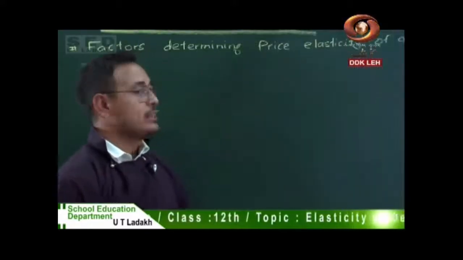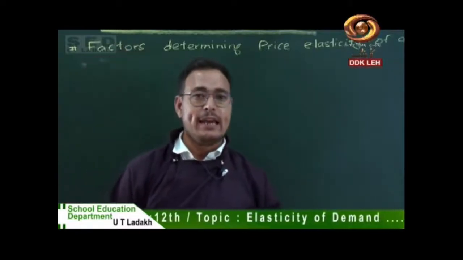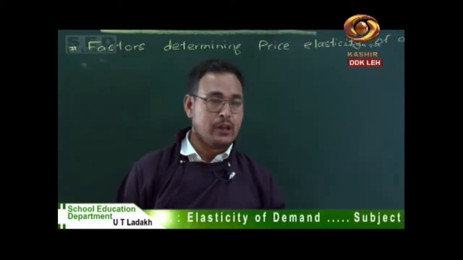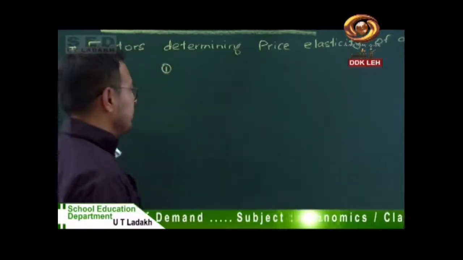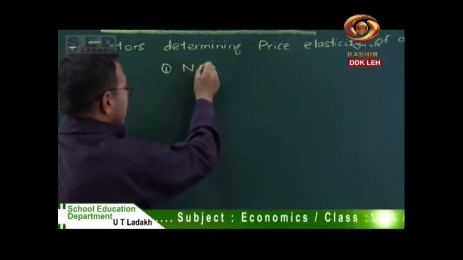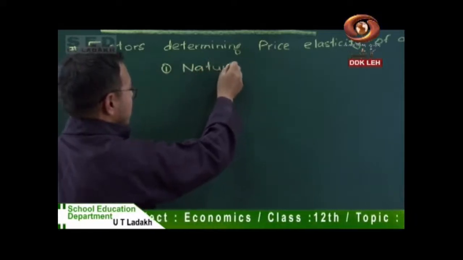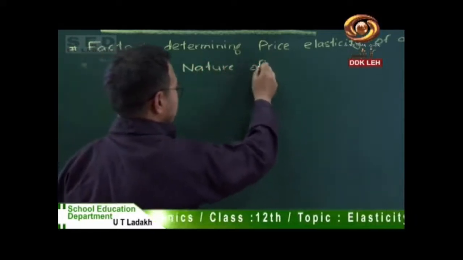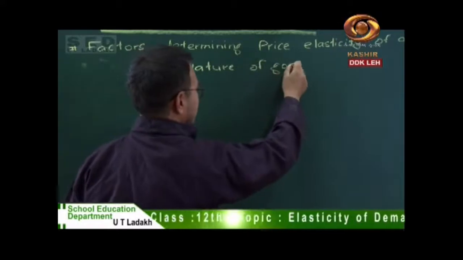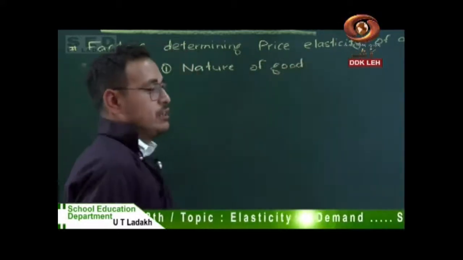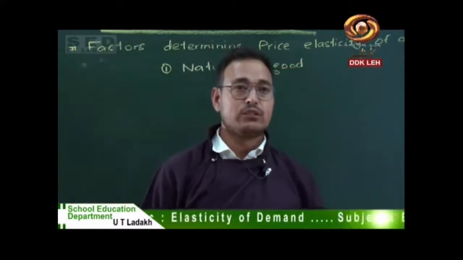So our next subtopic is factors determining elasticity of demand. Now over here, your elasticity will be determined first by the nature of good. In terms of nature of good, we have certain kinds of goods.